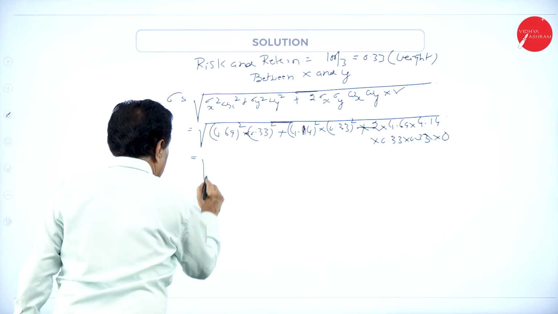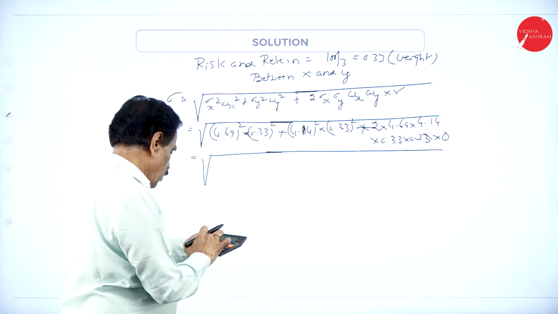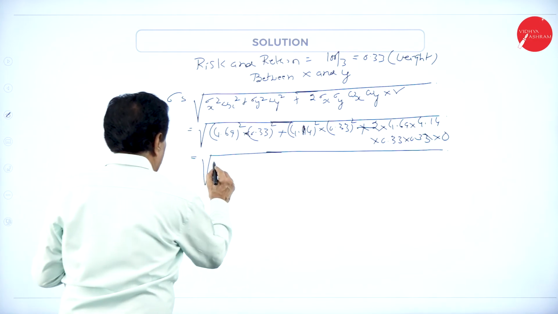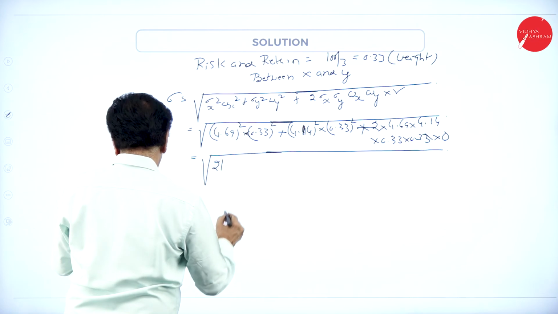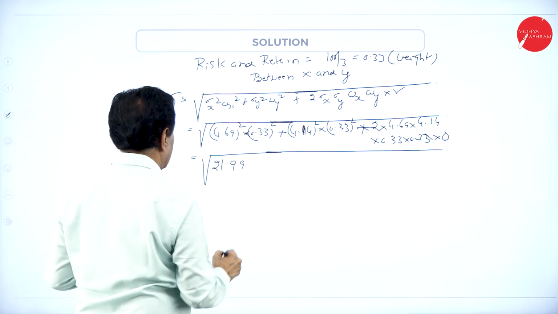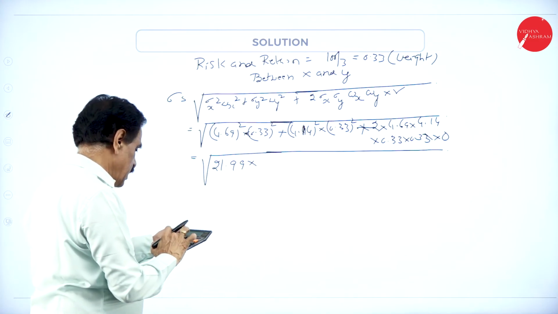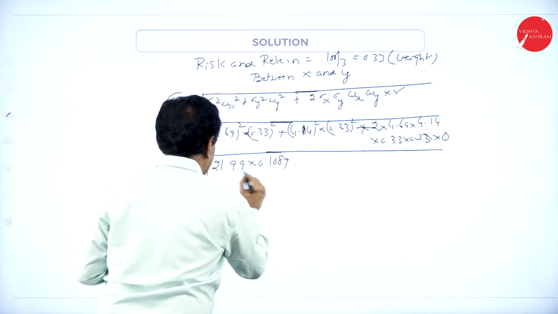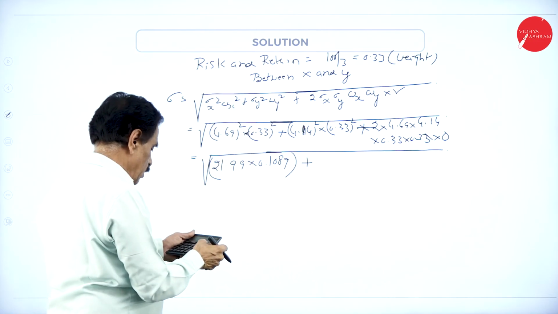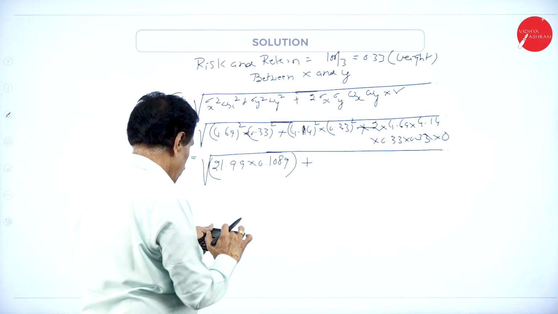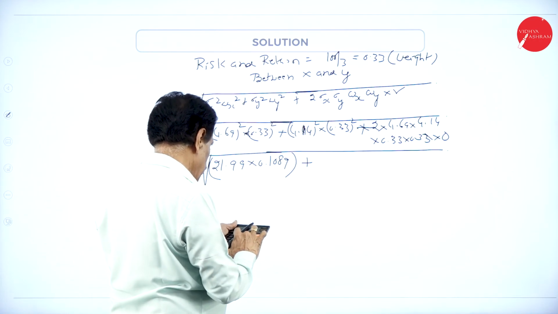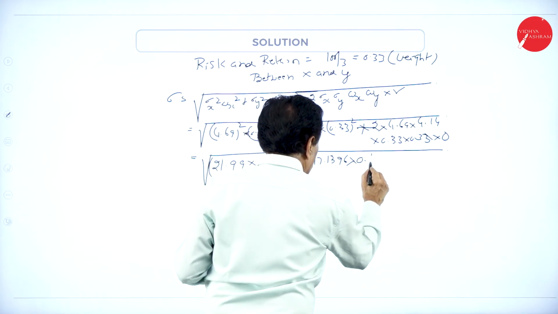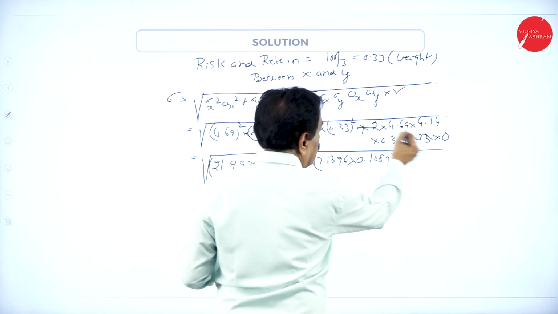So simplify. 4.69 into 4.69, 21.99, into 0.33 into 0.33, 0.1089, plus 4.14 into 4.14, 17.1396 into 0.1089. Anything multiplied is 0.